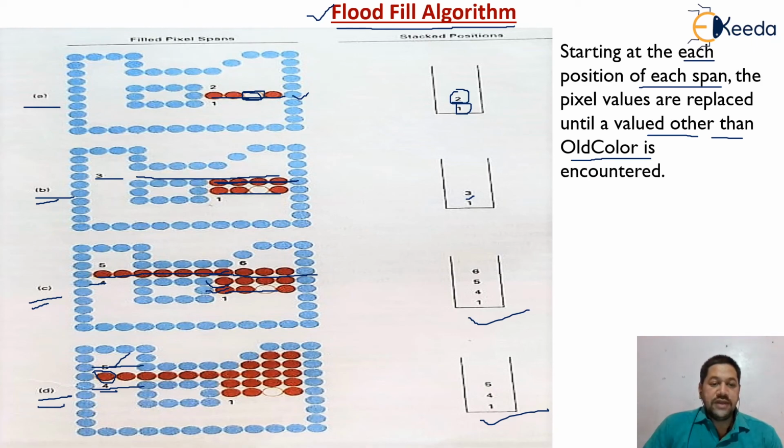Once I get one interior pixel, I'm going to completely fill this horizontal span, all the pixels on the horizontal line, and I will not insert all these pixels on the stack. Then I will just insert the horizontal line which is above it or below it. And this is the main advantage of making the modification to the flood fill algorithm.